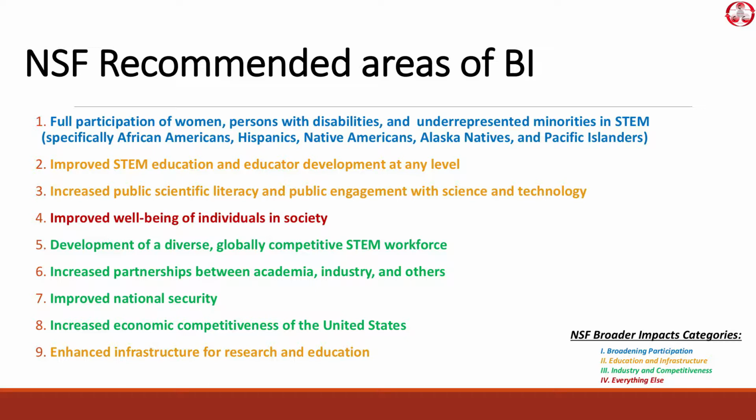We have the green, which is industry and competitiveness. And just in case you can't figure out something to fit in, we have everything else, which is improved well-being of individuals in society. But if you're thinking in a conceptual framework, that makes sense, because broader impacts can happen in a lot of different areas. So it makes sense for them to have that in there.